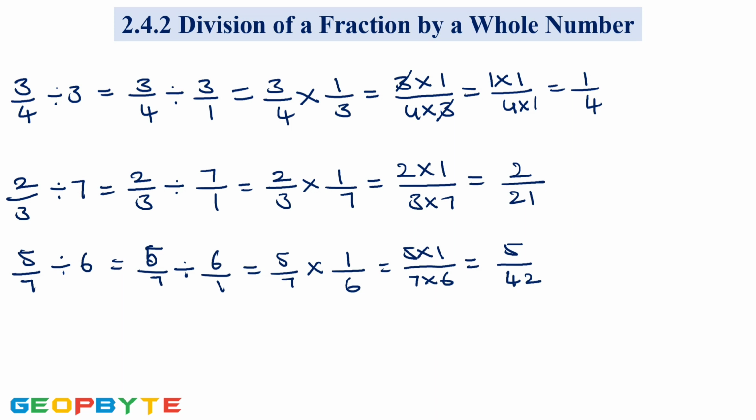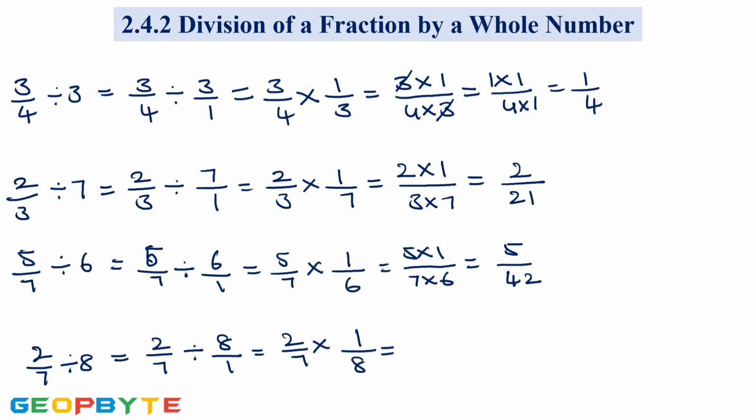Let us consider one more example. 2 by 7 divided by 8, which equals 2 by 7 divided by 8 by 1, which equals 2 by 7 into the reciprocal of 8 by 1. The reciprocal of 8 by 1 is 1 by 8.